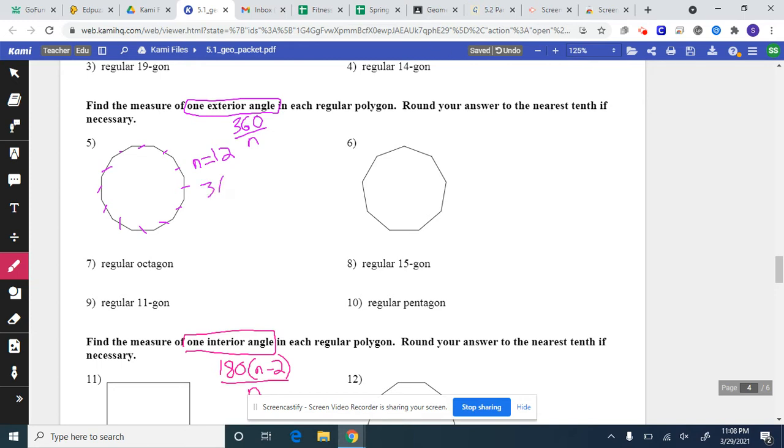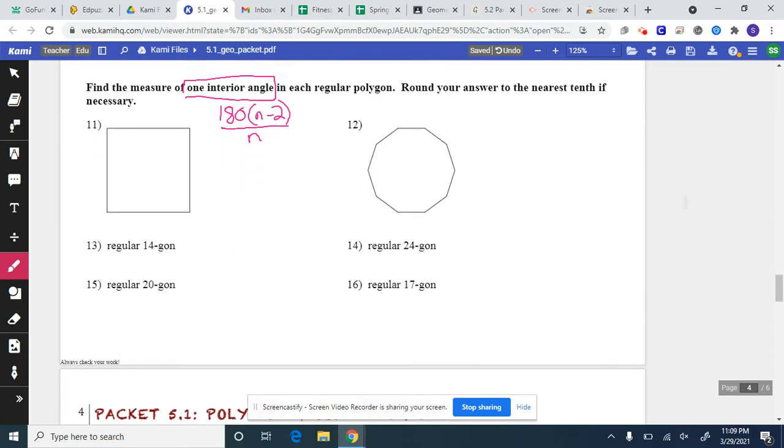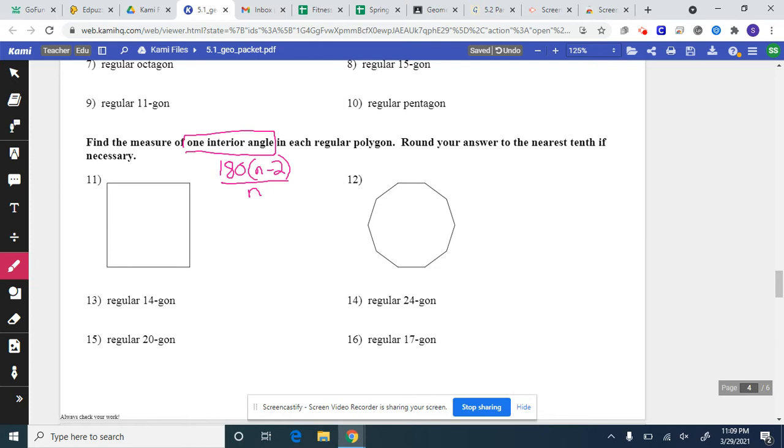So it's just 360 divided by 12, which equals 30 degrees. So that's it for 5 through 10. Number 6, again, count it, and then 7, 8, 9, 10 basically just tell you how many sides.